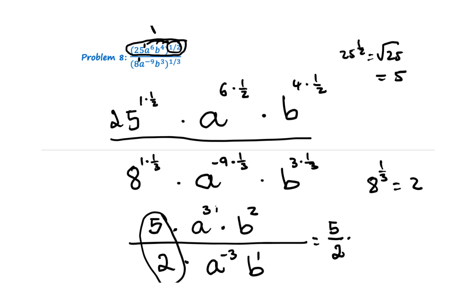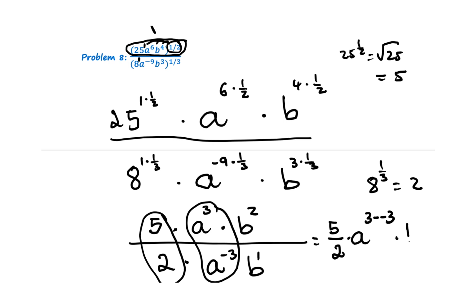Now for a, same base under division, you keep the base and subtract the exponents. That's a to the power of 3 minus the bottom exponent, which is already negative, so it's negative 3. So it's not going to be 3 minus 3, it's going to be 3 minus negative 3.